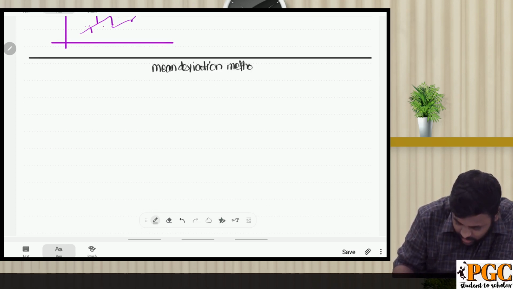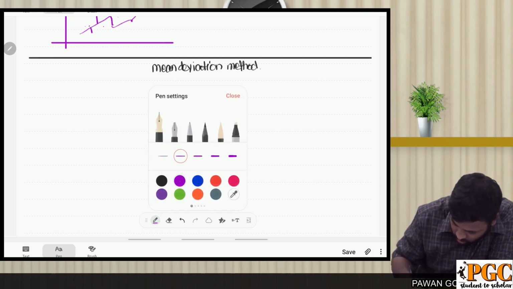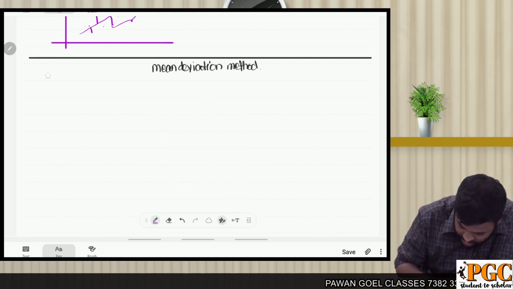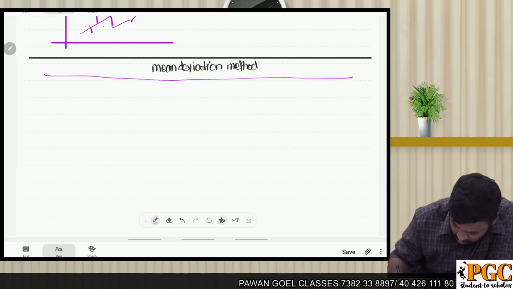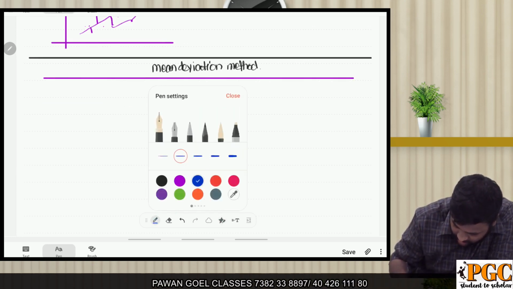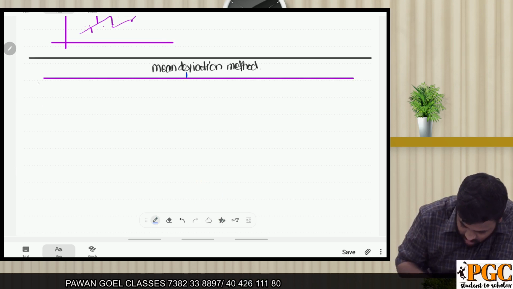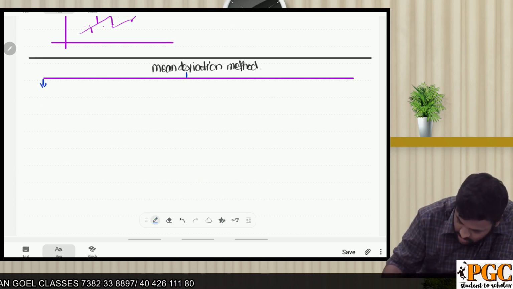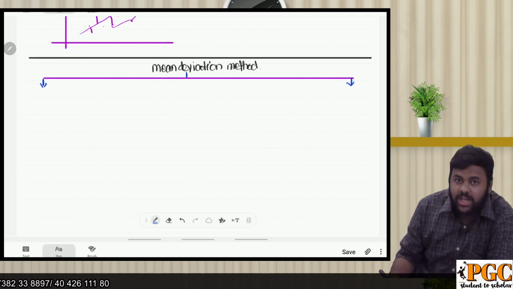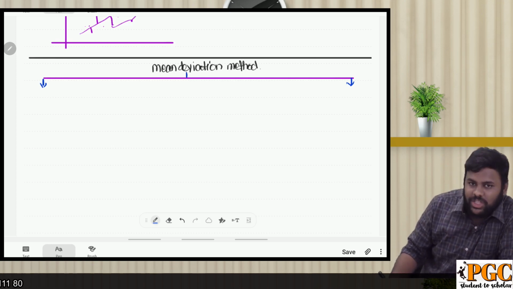As you know, my dear friends, how many regression lines do we have in total? We have a total of 2 regression lines, right, which we are supposed to calculate. Even in the mean deviation method, we are supposed to compute those 2 regression lines.